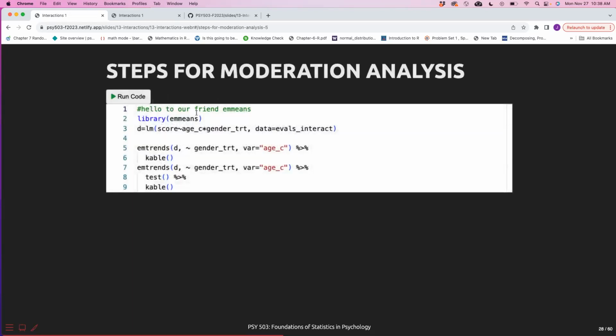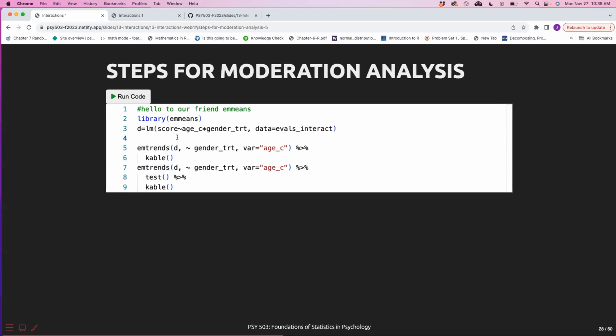So luckily, emmeans will help us with this. What I've done here is I've just refit the model. You don't have to refit the model, but I just assigned it to D. And we're going to use this function called emtrends. So we've been using emmeans, and that will give us the marginal means, or the means for the conditions. Emtrends will give us the slopes.